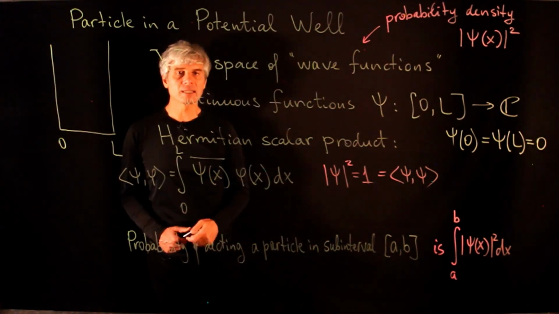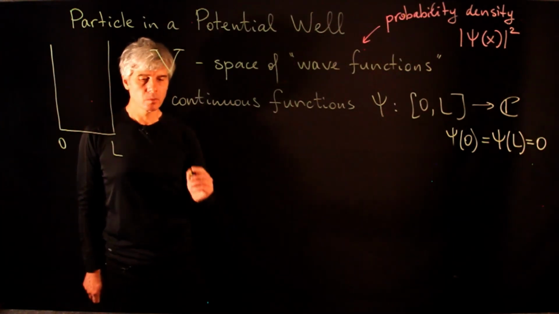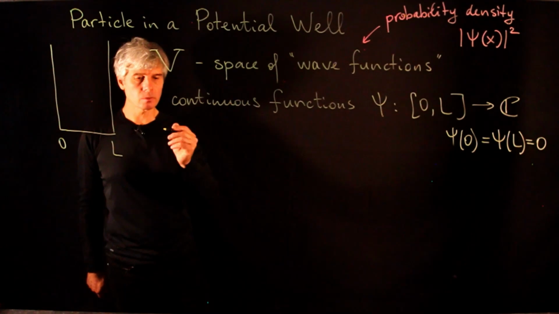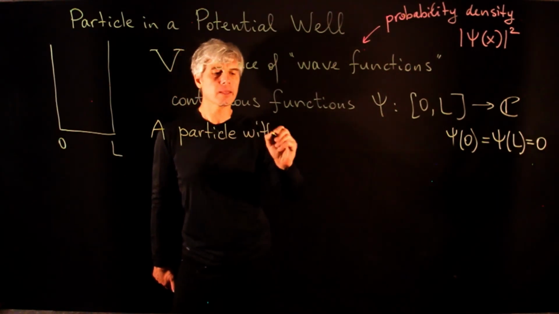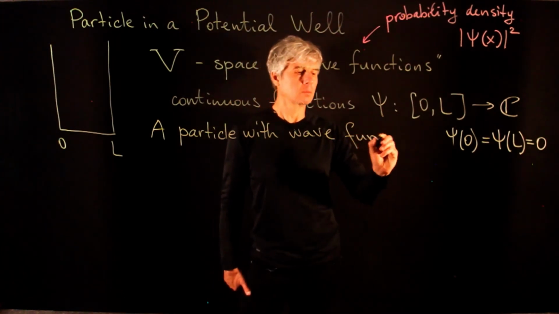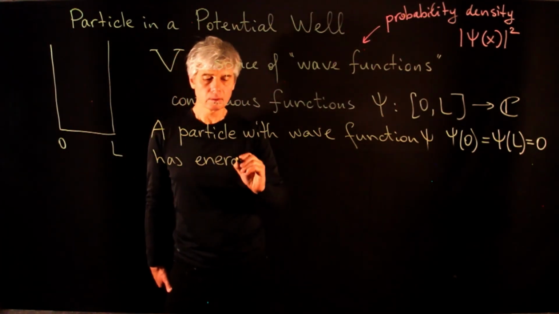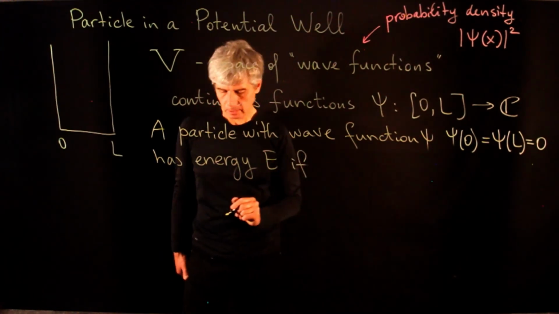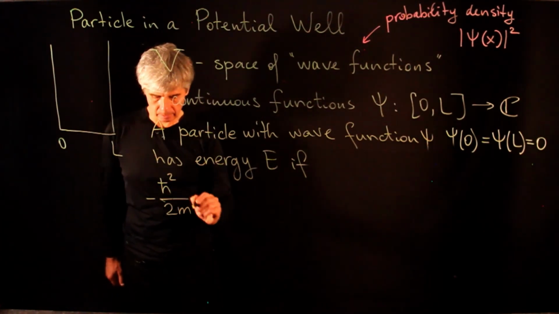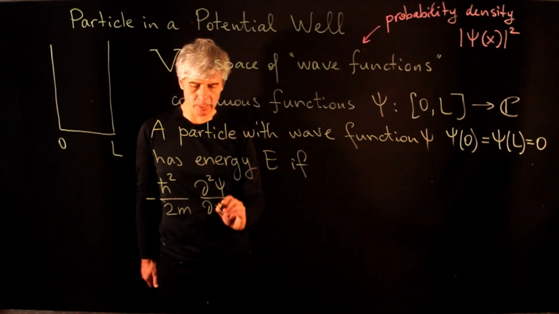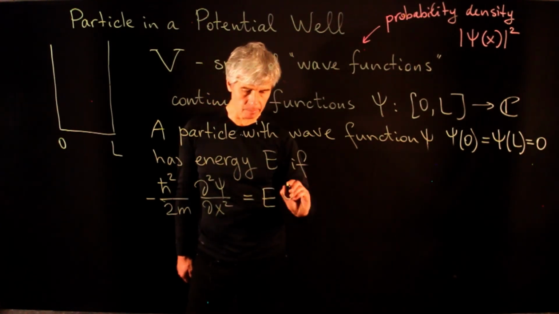So what are the basic states in this model? To construct a basis for this space, we can use the Schrödinger equation, which says that a particle with wave function psi has energy E if the following equation holds: minus h squared over 2m times the second derivative of psi with respect to x is equal to E times psi of x.